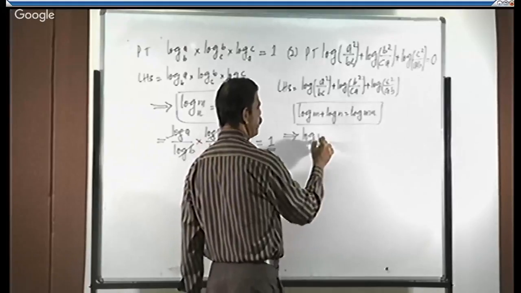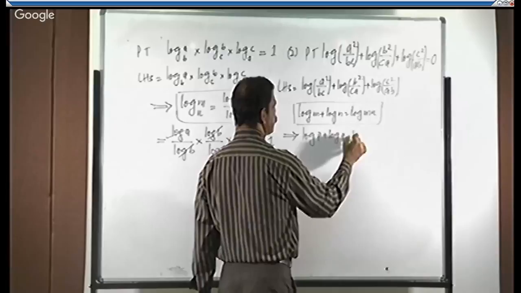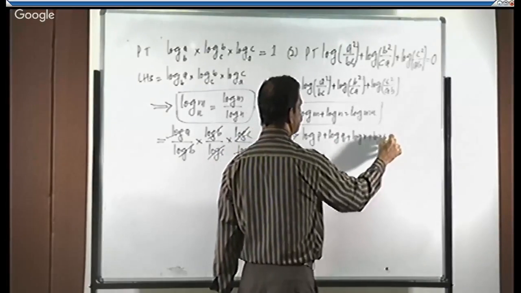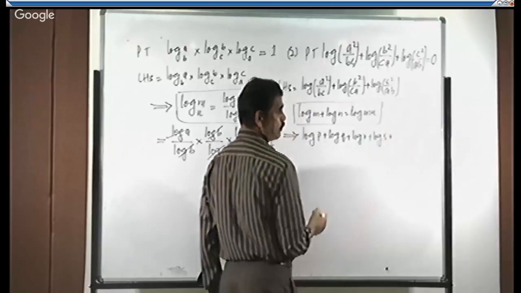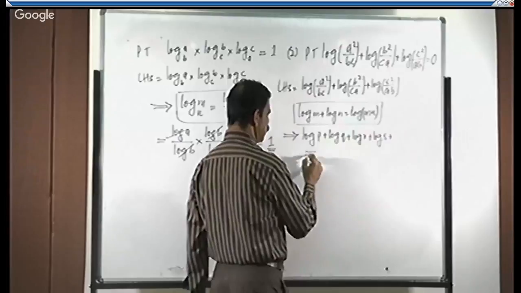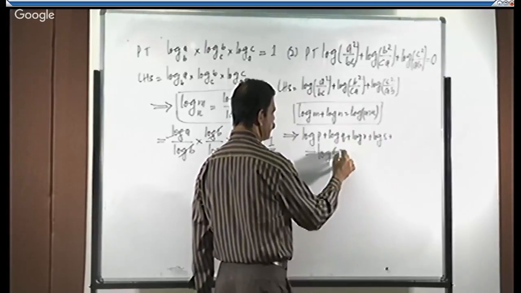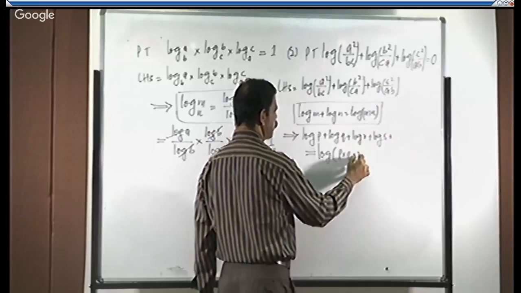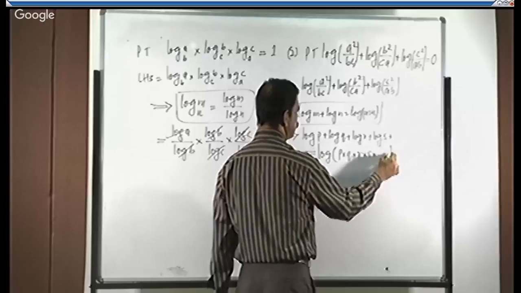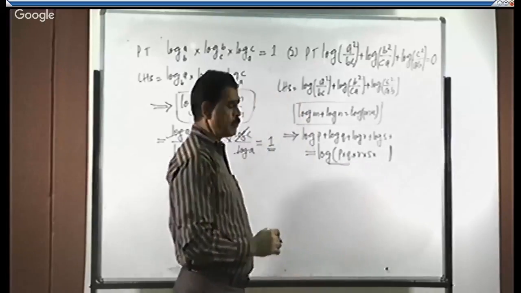See, log of p plus log of q plus log of r plus log of s, like that, you can have any number of terms. It will always be equal to log of p into q into r into s and so on. This is an extension of the first law.